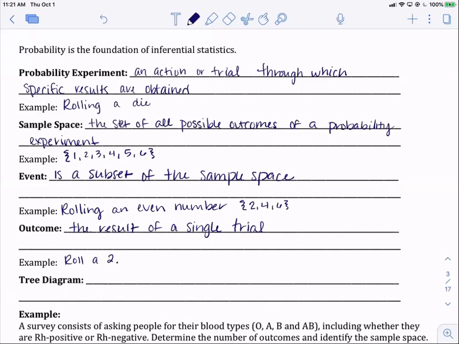That outcome would just be the set braces around the 2. All right. So there's the main things about a probability experiment.